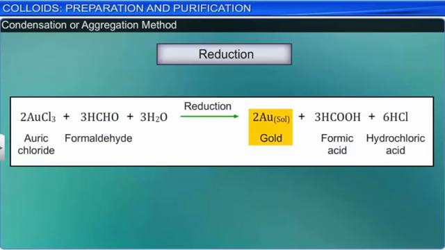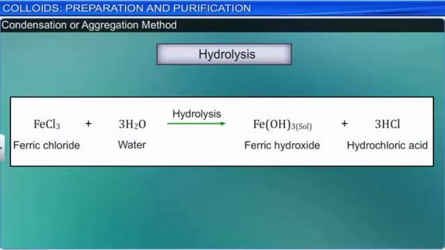Another reaction commonly used for the preparation of sols is the hydrolysis of the corresponding chlorides. For example, if a small quantity of ferric chloride is added to boiling water, a ferric hydroxide sol is obtained.